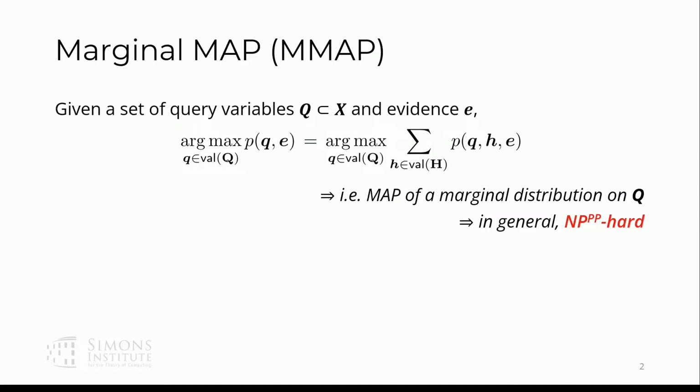The key thing is that you want to maximize some marginal probability, so you need to sum out some latent or hidden variables. You can think of it as a two-layer query: you're trying to compute the map of some marginal distribution. This makes it, in general, NP to the PP hard for graphical models and so on.